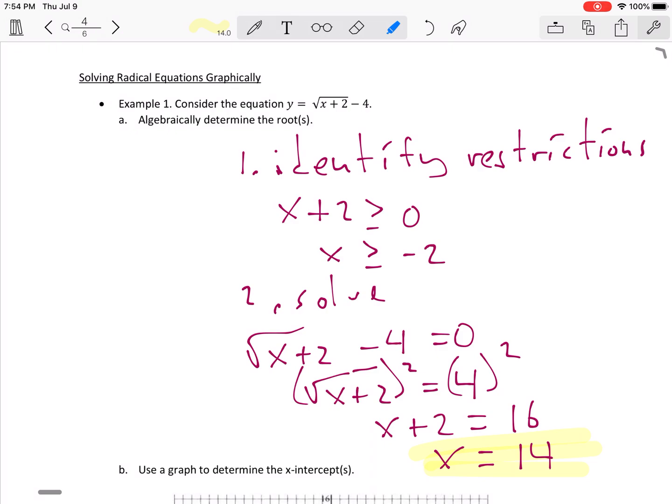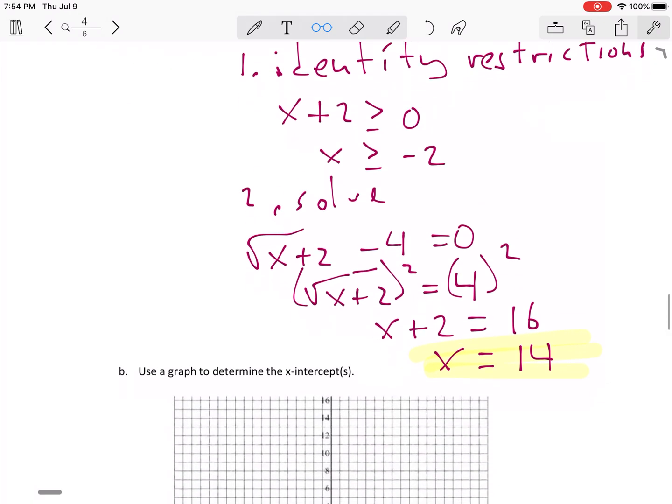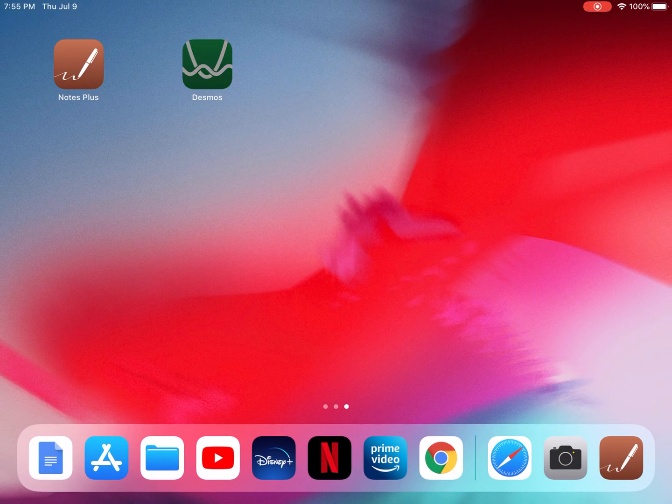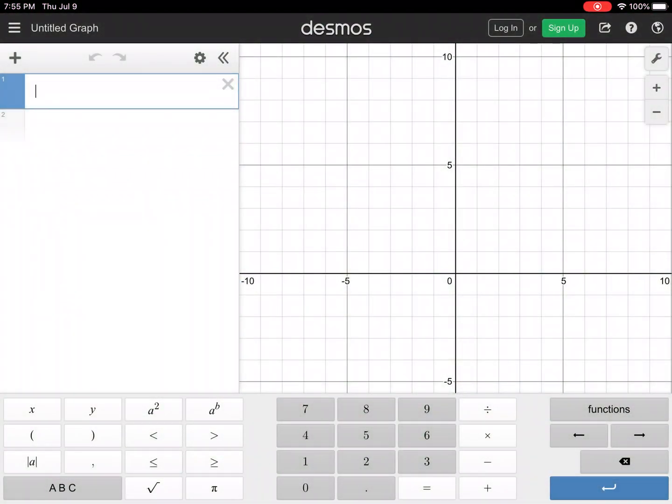Now the other way you can do this is through graphing. I'll use the Desmos here, which I showed you on the previous topic. We could graph it on paper, but I'll just use the Desmos approach. Okay, so let's graph this. So we've got y equals square root of x plus 2.